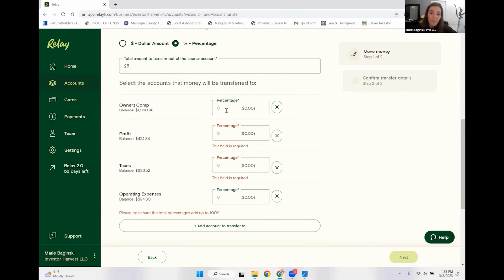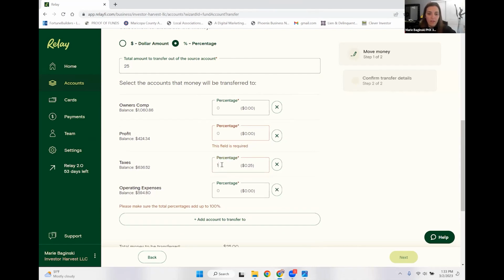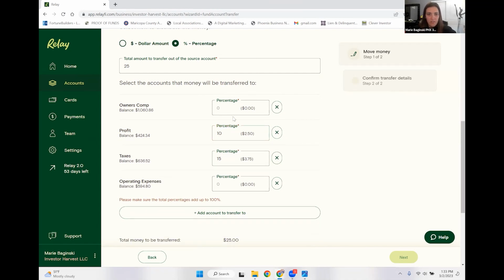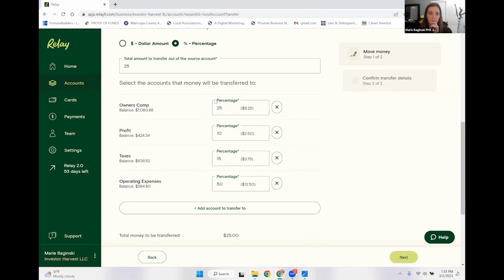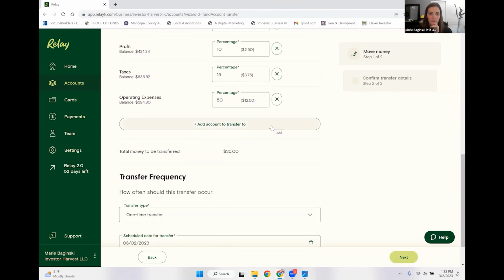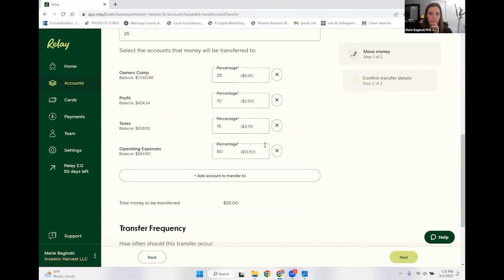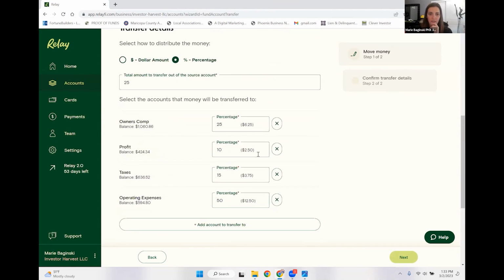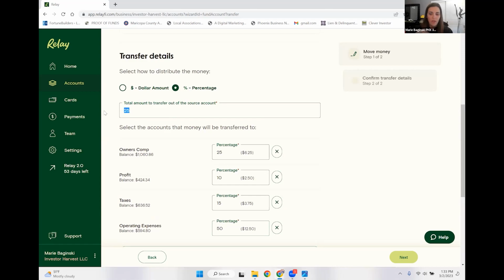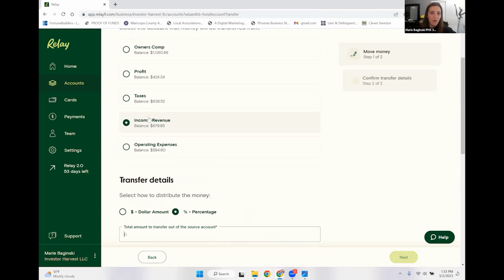So click percentage and then move everything. 15, 10, we do 25 and 50. That was what we agreed to do for this company. Once you have all your percentages in there, it calculates it for you, but you have to put in the dollar amount. So that would also be helpful.